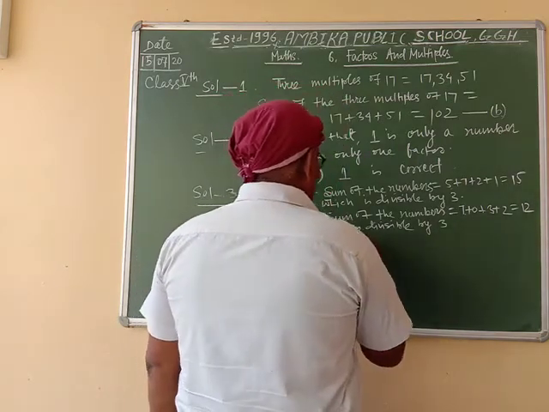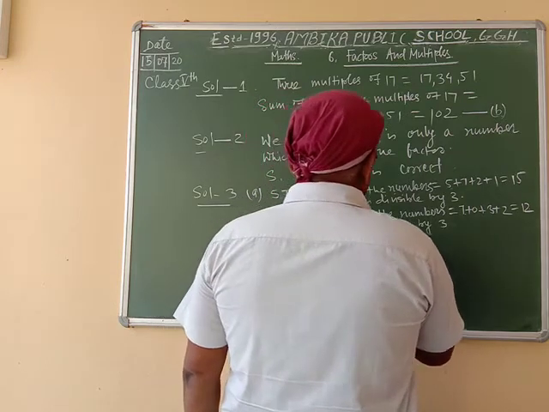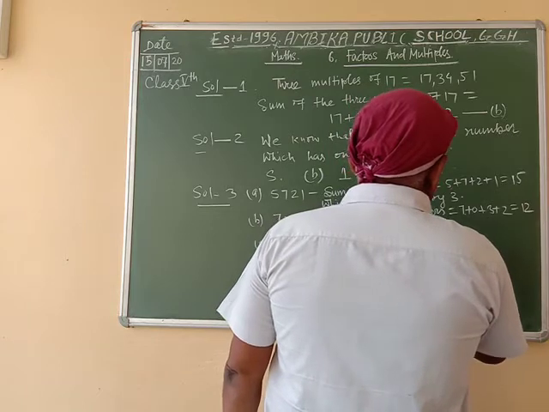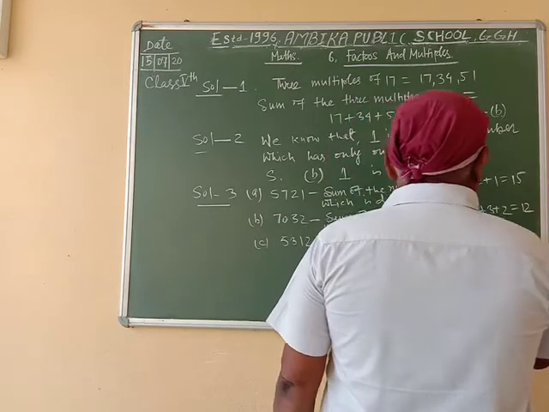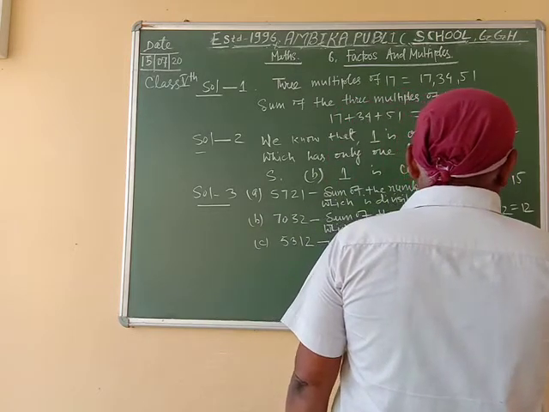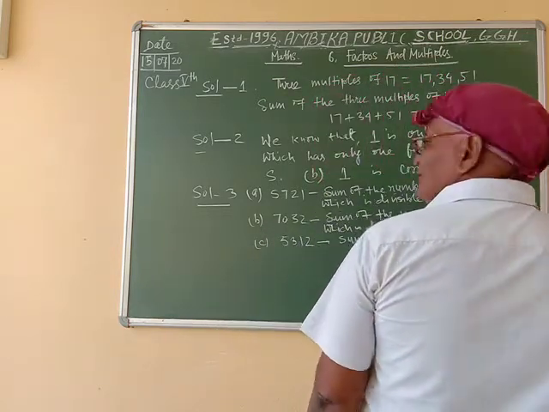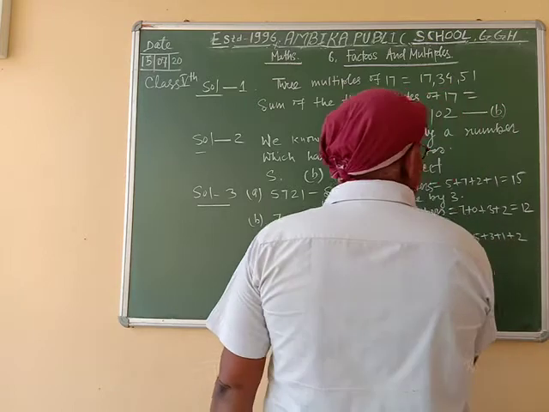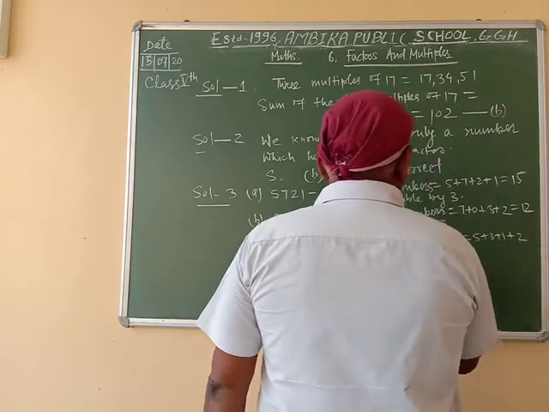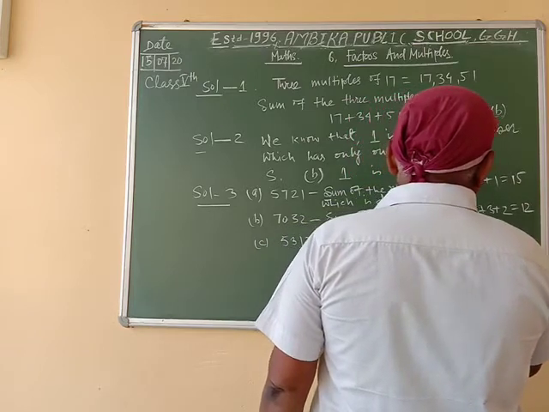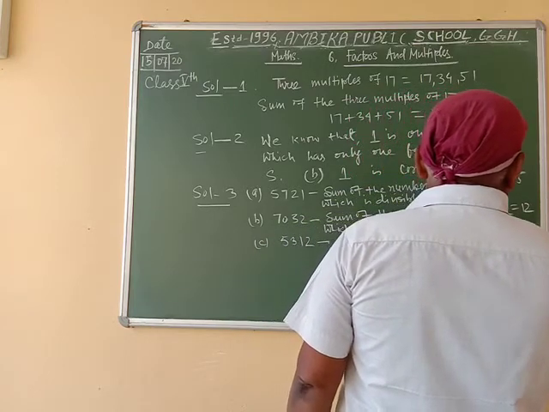Sum of the digits is 5 plus 3 plus 1 plus 2, which is equal to 11, which is not divisible by 3.